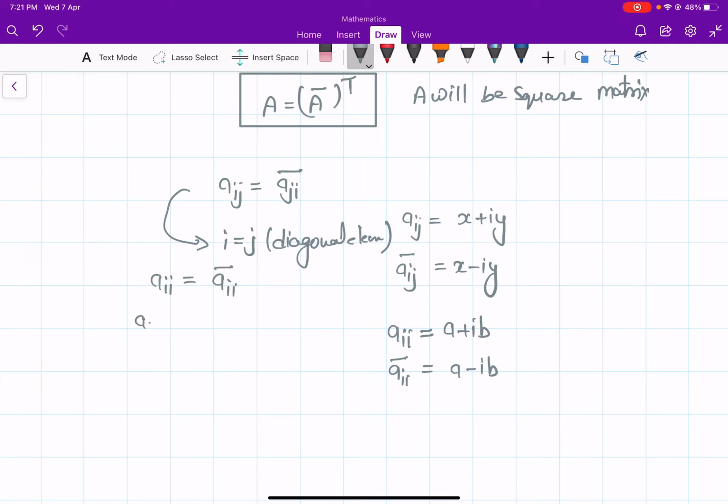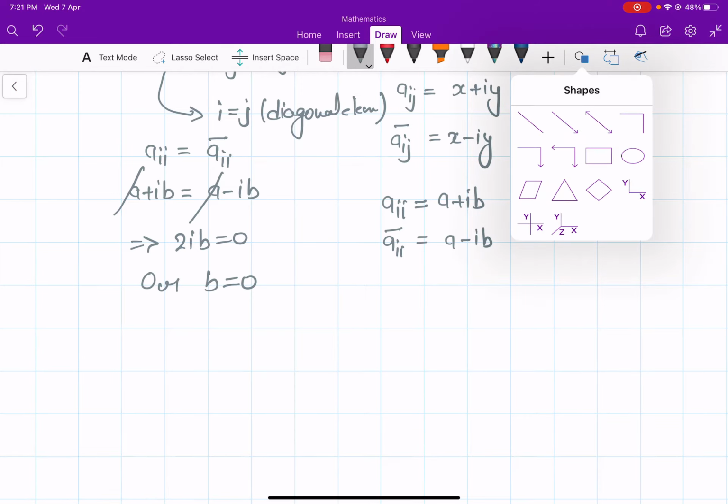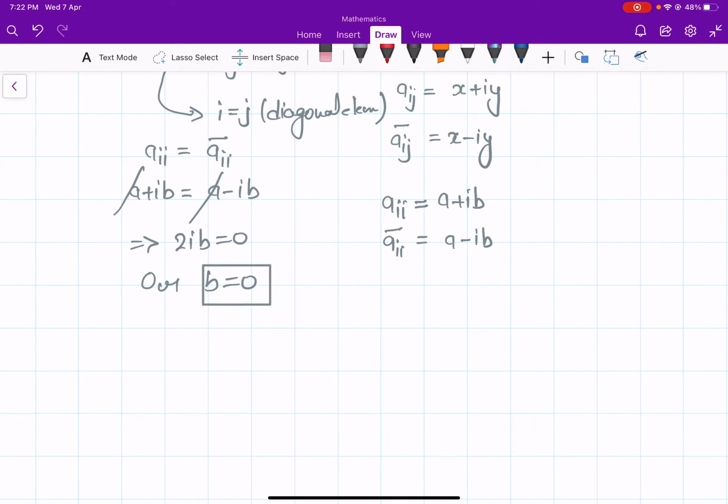So a plus ib is equal to a minus ib. The a terms cancel out, so this gives 2ib equal to 0, or b equal to 0. So the imaginary term b is 0, and Aii will be only a, that is, Aii will be real.